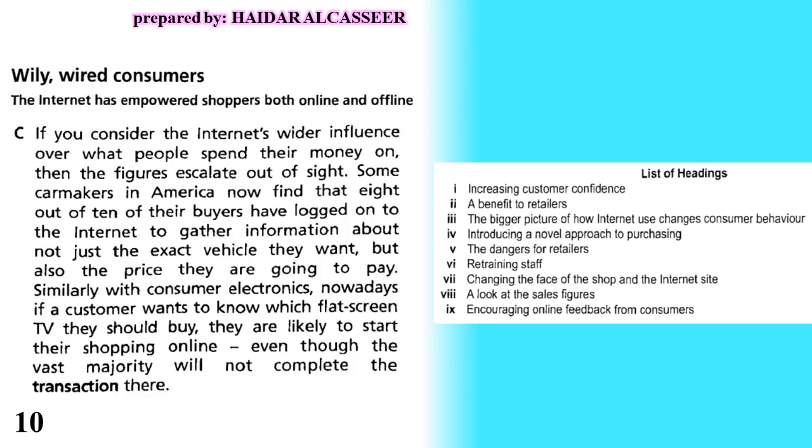Number 3 says the bigger picture of our internet use changes consumer behavior, and number 7, changing the face of the shop on the internet site. Let's check number 3 or number 7. It says influence, that means a change over what people spend their money on. People who spend their money, we call them customers or consumers. That means it's number 3, the bigger picture of how internet use changes consumer behavior.